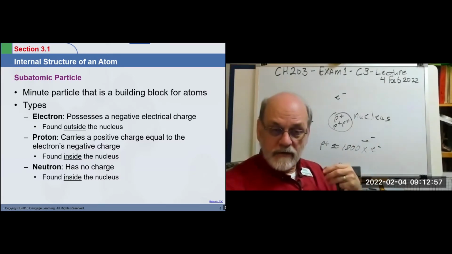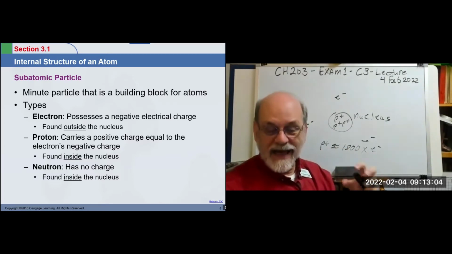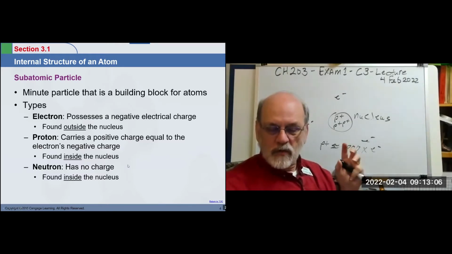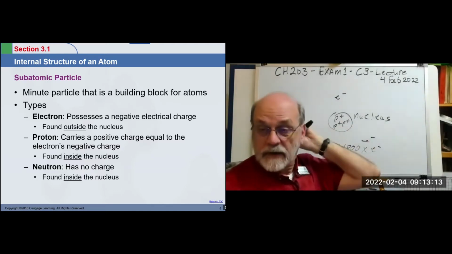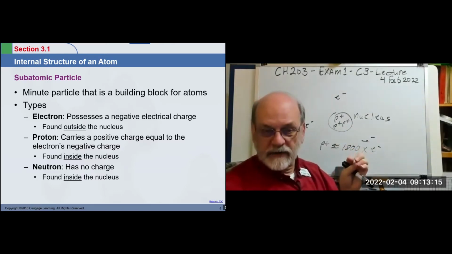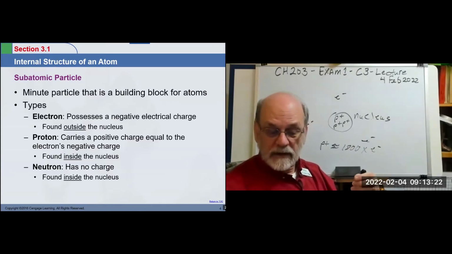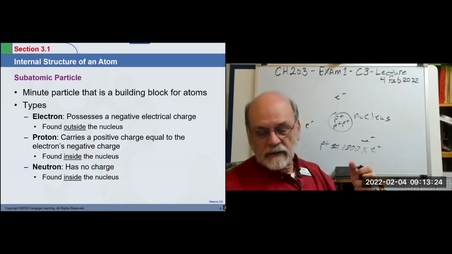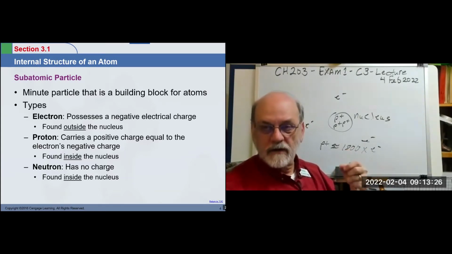Now, what was also discovered was that the protons did not account for all of the mass contained in the atom. Once Rutherford's nuclear model for the atom was widely accepted, in fact, before then, he set a graduate student and later research associate, Chadwick, to discovering what that particle was.